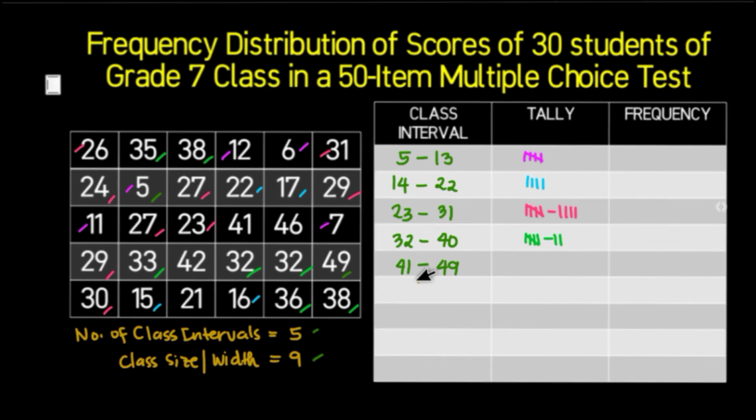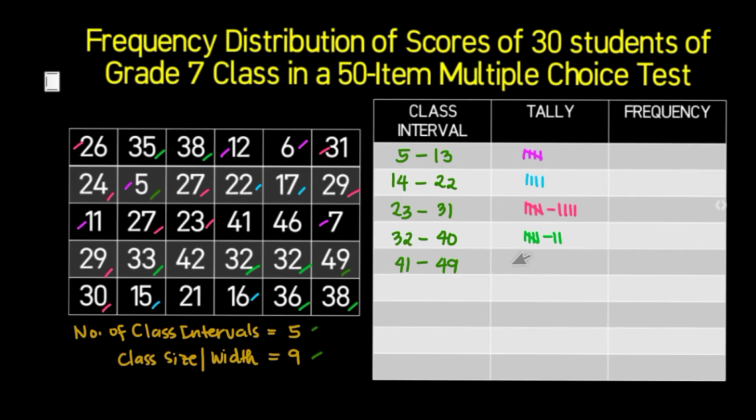So, doon na tayo sa last na interval, 41 to 49. Wala na po sa taas, sa first row. Second row, wala na. Third row is 41. Isa. Dito naman po sa fourth row is 42.